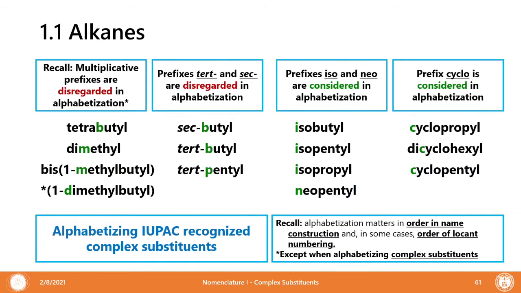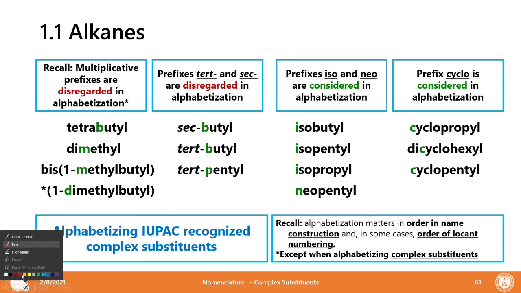Okay, so at this point we've encountered so many complex substituents that we now have to look at alphabetization and when to consider it and when not to consider it. Okay, so recall that multiplicative prefixes are disregarded in alphabetization.